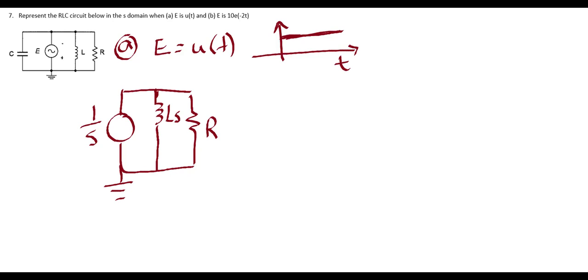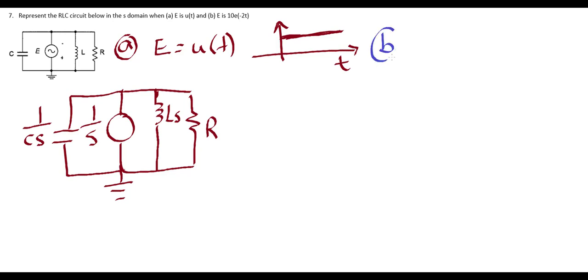But there was no energy applied initially, so we leave it just with the inductor. The same is true for the capacitor. The capacitance is now expressed as 1 divided by CS. Okay, so that's part A.